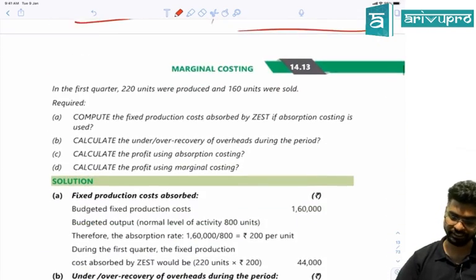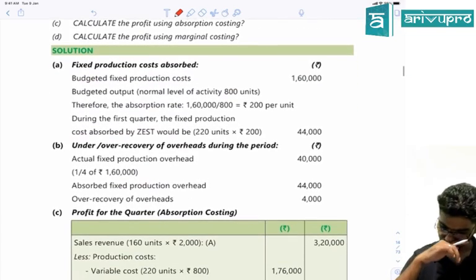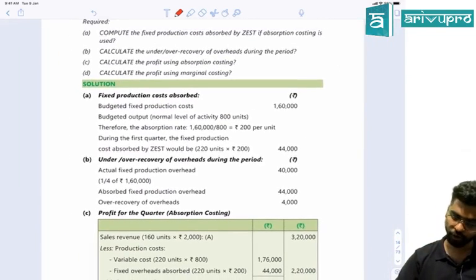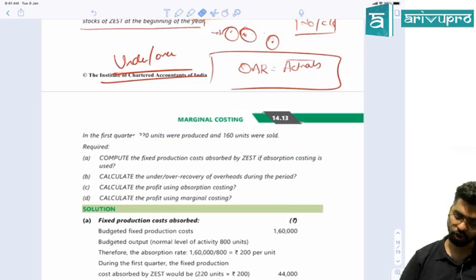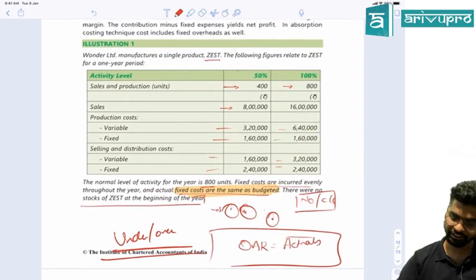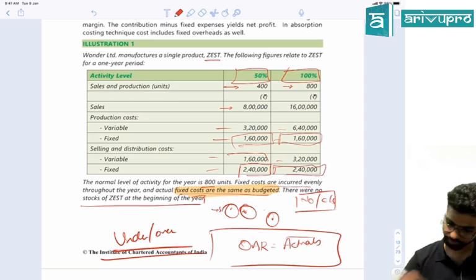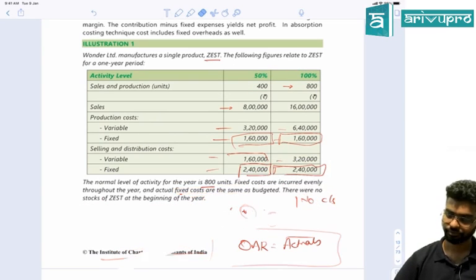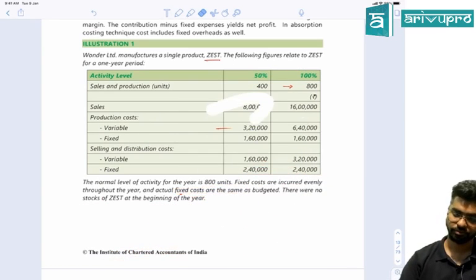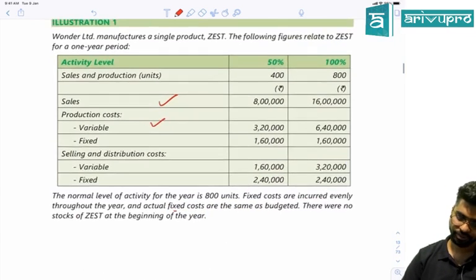Now see the way we are presenting it. First quarter 220 units are produced, second quarter 160 units were produced. They have given me the activity levels and also my fixed cost and variable cost. We know how to calculate variable cost. Sales is variable, these three are variable.